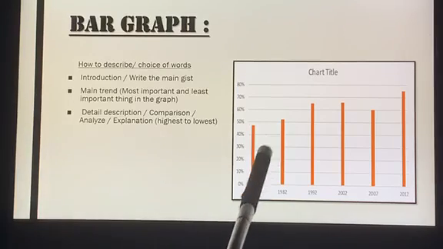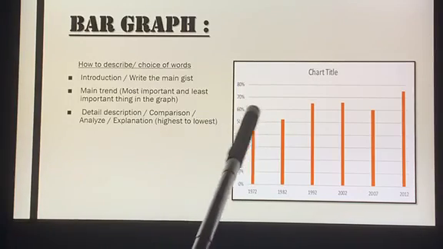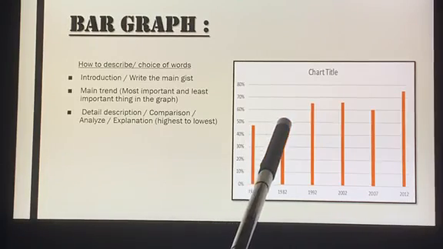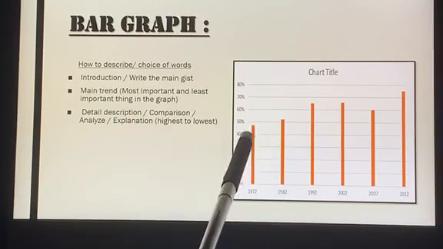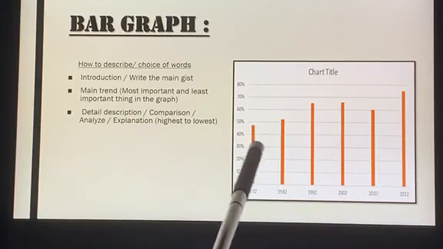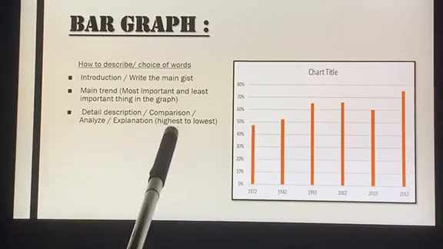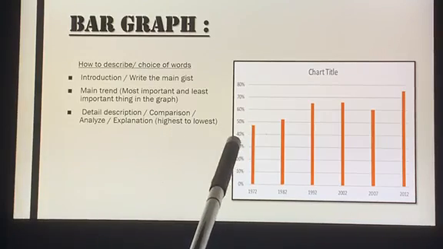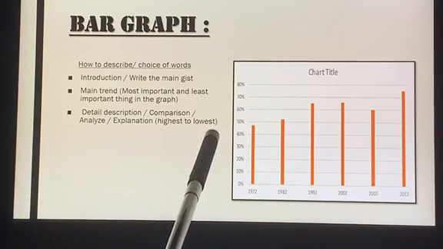Okay, but remember, always write the information. There will be some highest points and some lowest points, highest percentage and the lowest percentage mentioned in the question. So you at first write the highest percentage and then you write the lowest percentage.